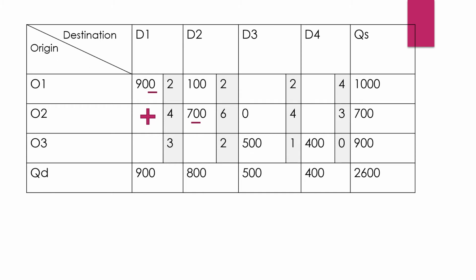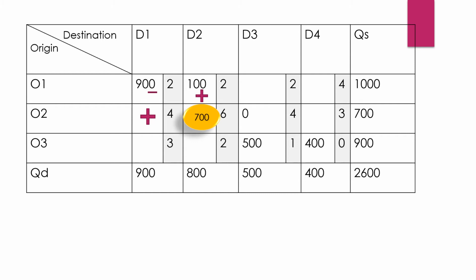Out of these particular cells, we have to allocate the lowest quantity, which means we have to allocate 700 units. Then when we supply 700 units from O2 D2 to O2 D1, this particular cell will be empty.